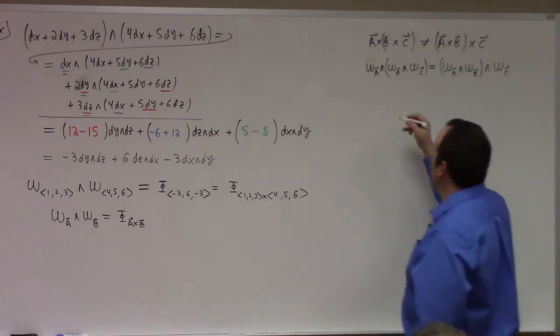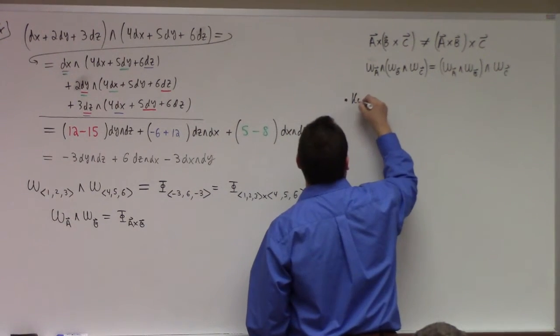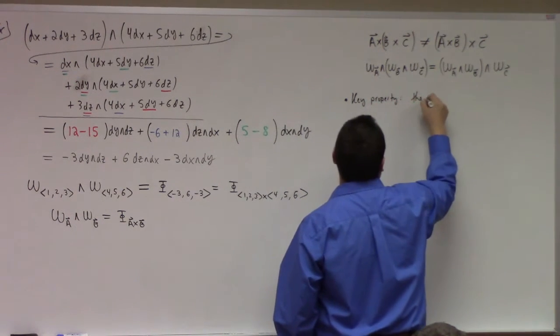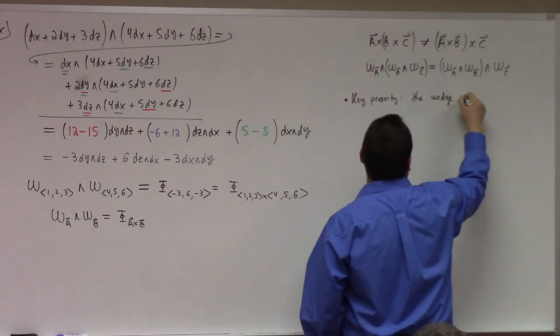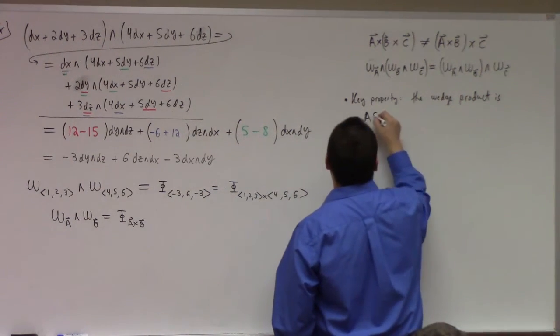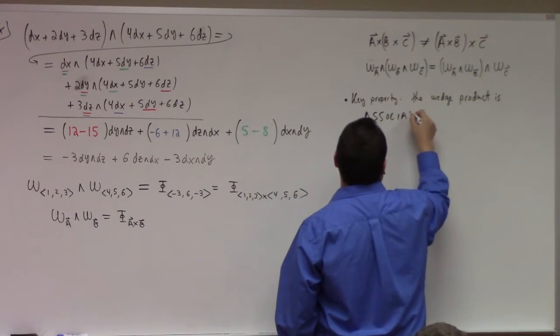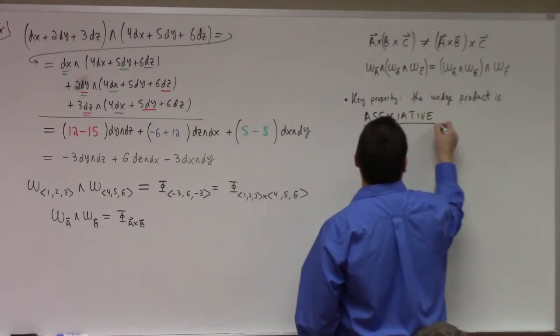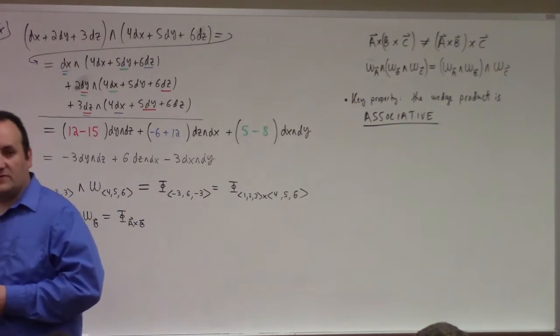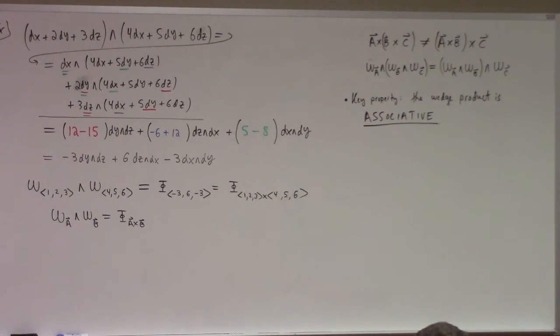So in other words, key property, the wedge product is associative by construction, which is a big difference between it and the cross product.